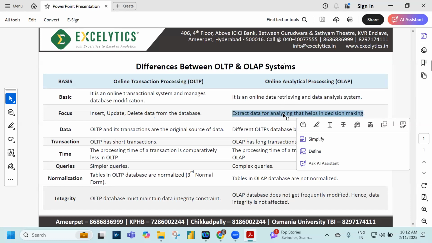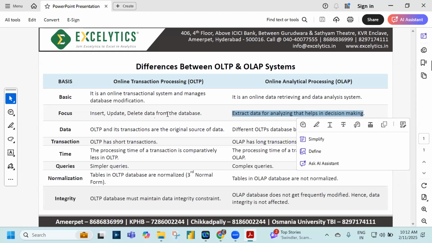The previous one, OLTP, is basically to insert, update, delete. That is the only job of the system, with short, easy transactions and simpler queries. But OLAP is meant to extract the data, analyze it, and draw insights from the data so that it helps in decision making.